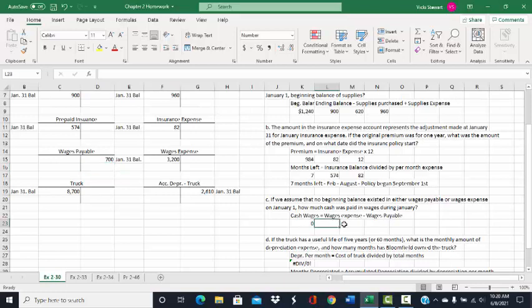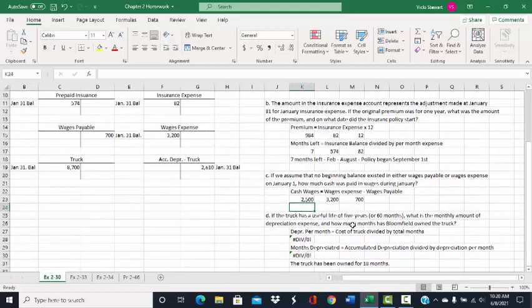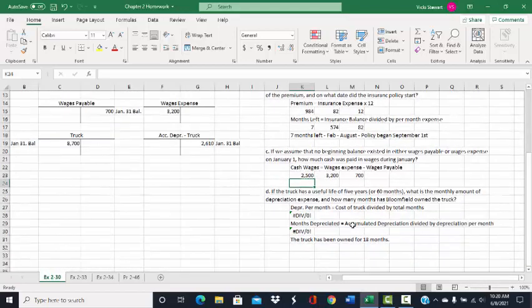So to determine how much we've already paid in cash, we take our wages expense and subtract the wages payable. So for January, we have already paid out $2,500 in cash wages.